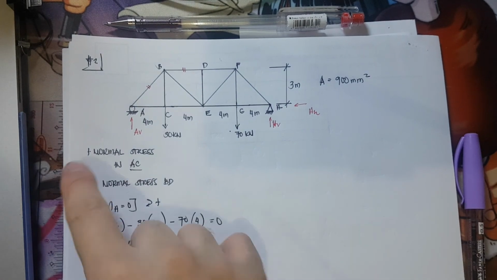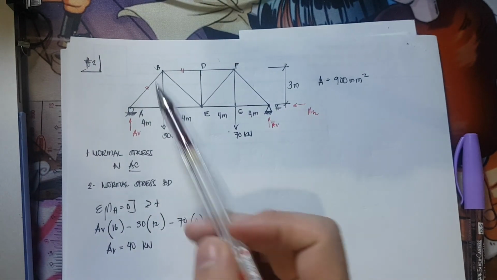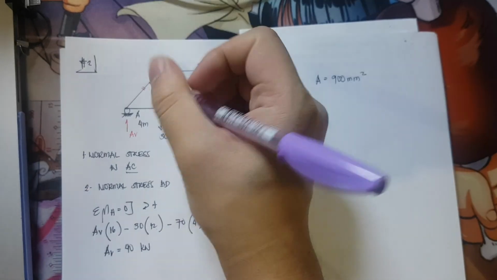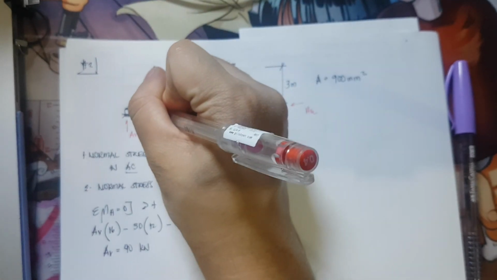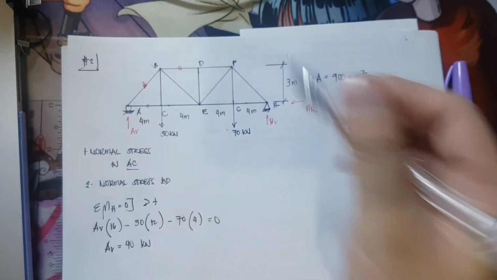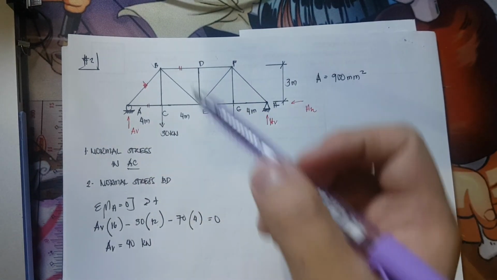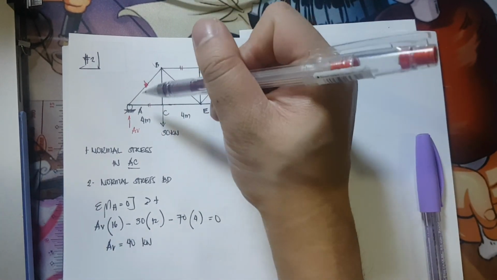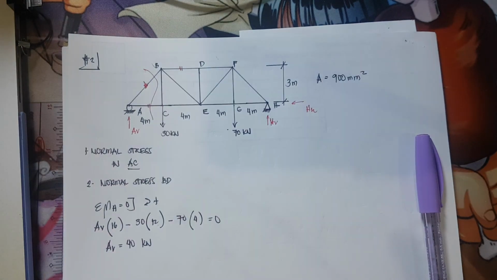So for problem number 1, I only need to solve for AB. I need to solve AC, not AB. Okay, so erase. I need to solve for AB, so I'll use the method of section. I'll cut it here.